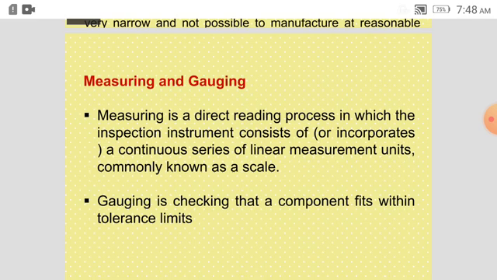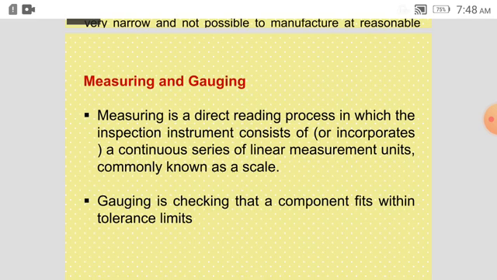Measuring is different from gauging. In measuring, we get direct readings with the help of equipment such as a scale, vernier caliper, or micrometer. With this we can not only check the dimensions, but also get the reading for the dimension. But in gauging, we do not get the reading; we can only check whether it is of the perfect size or not. That is what gauging is.